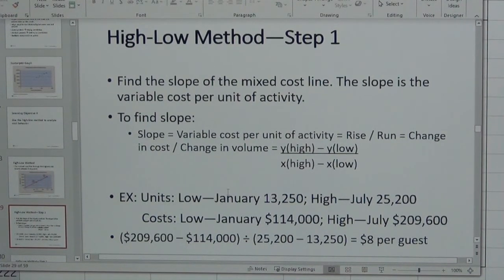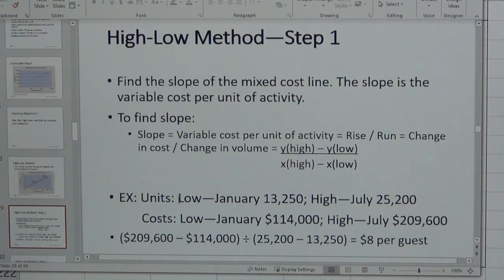So even though these are flipped, we're going to say that the y-axis goes on top. The y-axis is the costs. So it's going to be 209,600, that was the high, minus 114,000, the low. High minus the low. That's going to be the numerator, divided by the volumes, the x-axis.